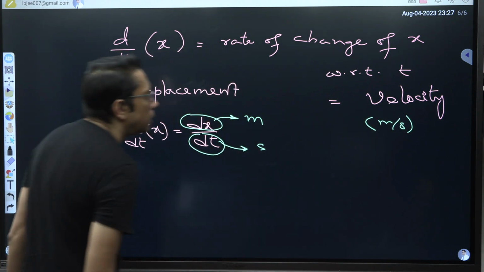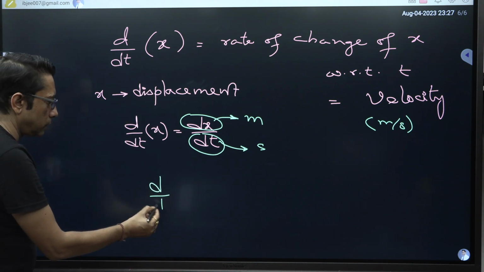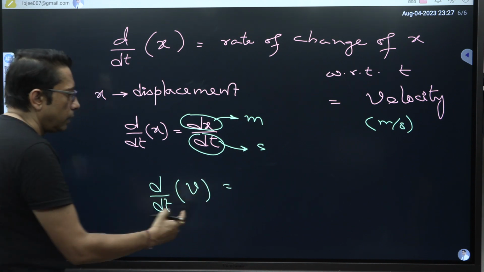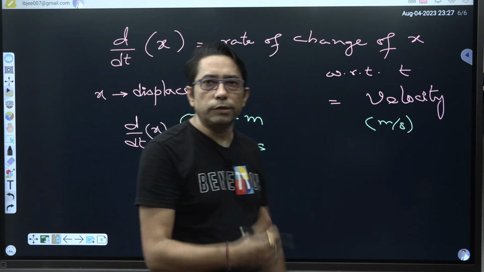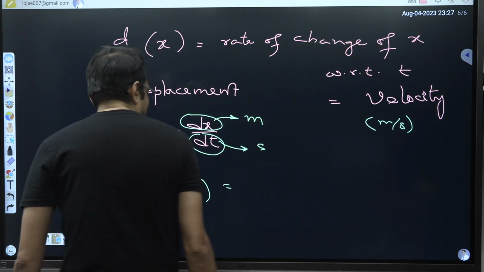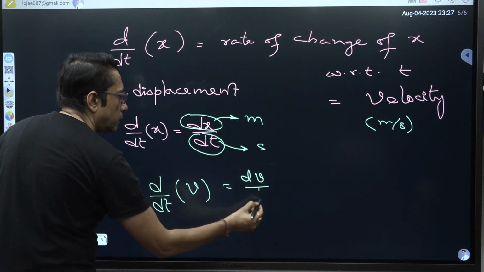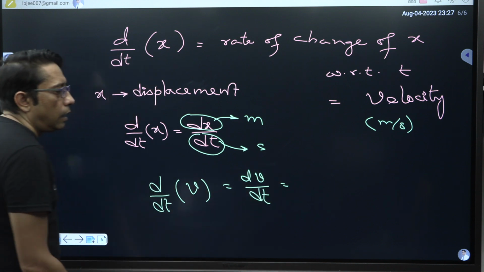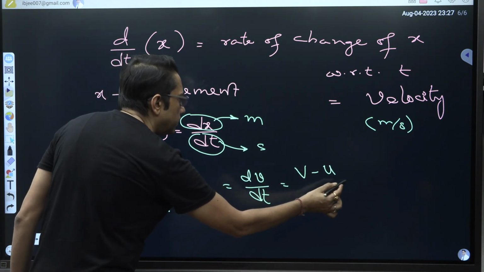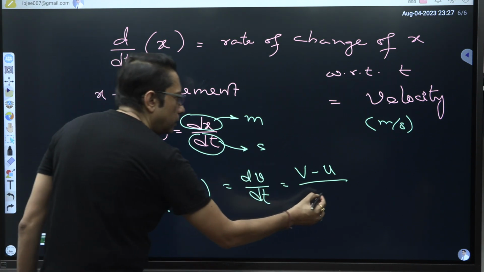Meter per second. Okay. Now next thing, depending on this, what is represented by d/dt of v? Rate of change of velocity with respect to time. Sir, acceleration. Acceleration. Rate of change of velocity with respect to time, because this can also be written like this, dv by dt. Now dv in calculus means change in velocity. In algebra we write what? Change in velocity, v minus u, and dt is change in time.